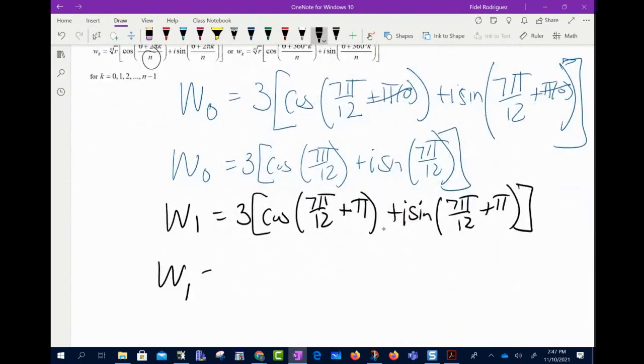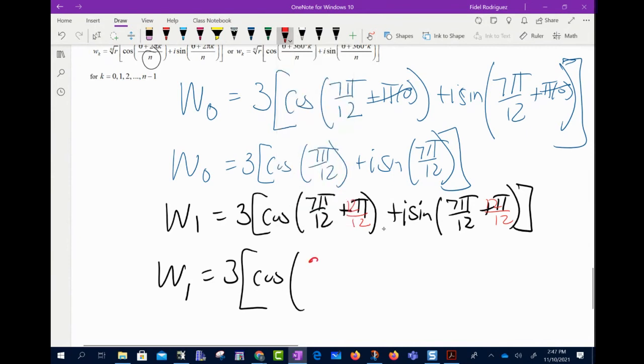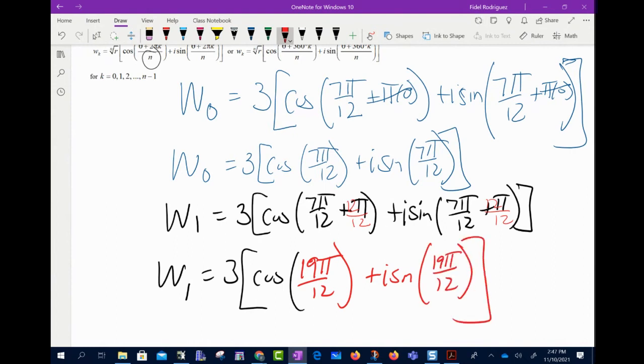Can I write this as 12 pi over 12 so that we can get our common denominator? So 7 and 12 should be 19. Okay, good. 19 pi over 12 and i sine of 19 pi over 12.